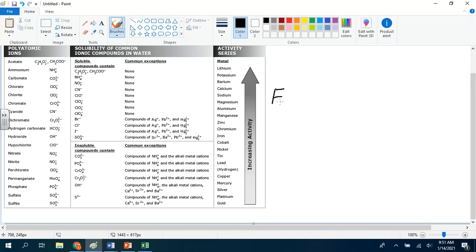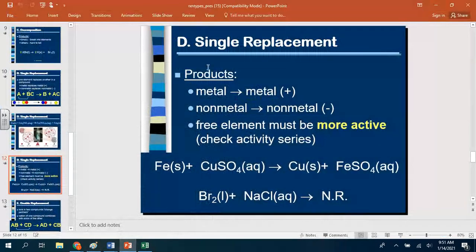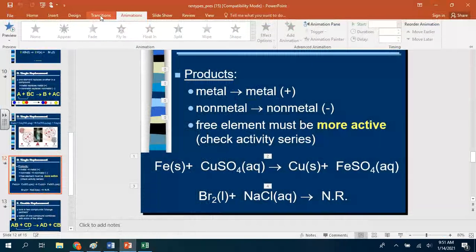Fluorine would be on top, then chlorine, then bromine, and then iodine. So here are your nonmetals and their increasing activity. They go right along with this arrow, okay? That's just the same way they appear on the periodic table as what I was saying before. So that's how your nonmetals go. All right, one more.